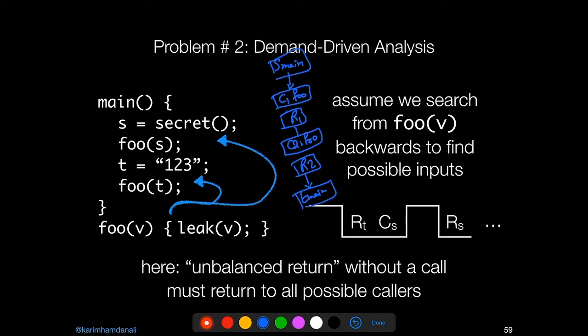Okay, and this is going to be S main. So here we're going to have S foo, and S foo is basically going to have C3 leak, and then we're going to have S leak, that just does something, and then we just have E leak there.